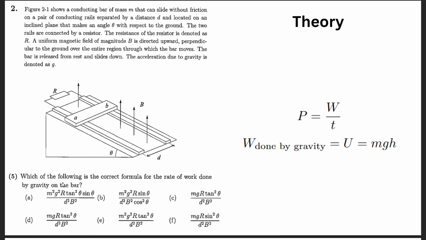Number 5. Which of the following is the correct formula for the rate of work done by gravity on the bar? What you have to know is that the rate of work, that is P, is equal to the work over time, and the work done by gravity is just another way of saying the potential energy, that is mgh.